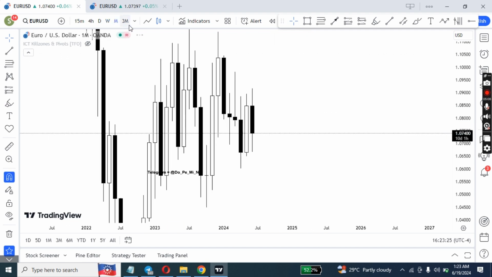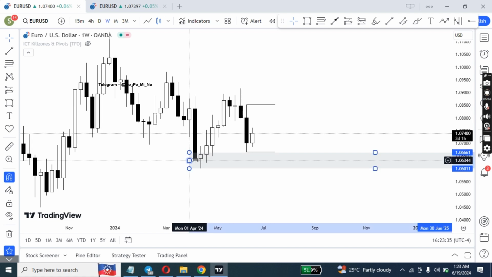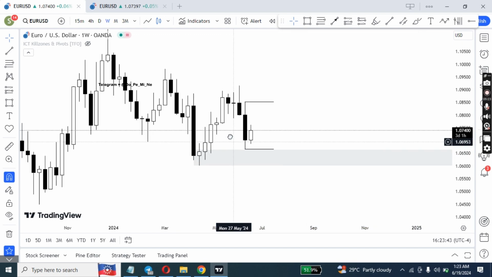If we go to the monthly time frame, you can see that we have this discount rejection block right here, and on the weekly you can see that this big bulky candle, this potential CRT, closed just above this rejection block.